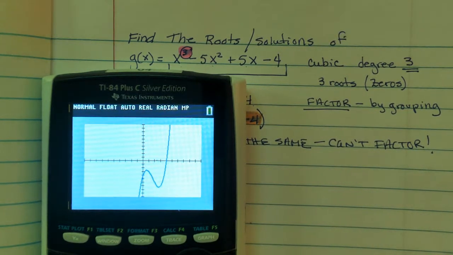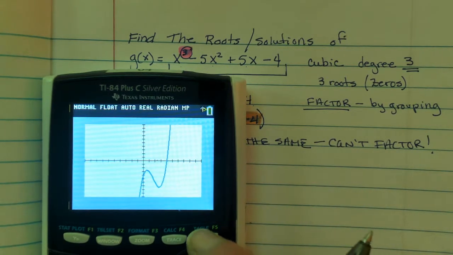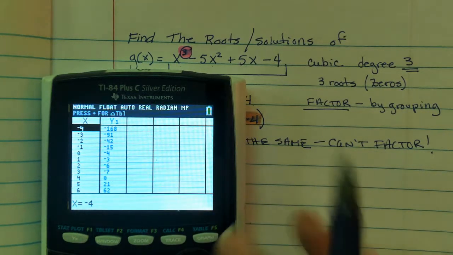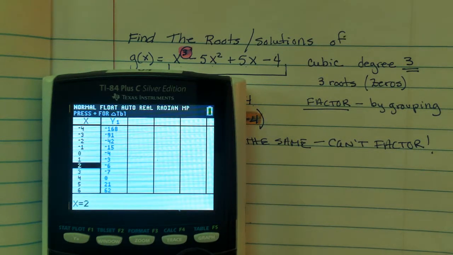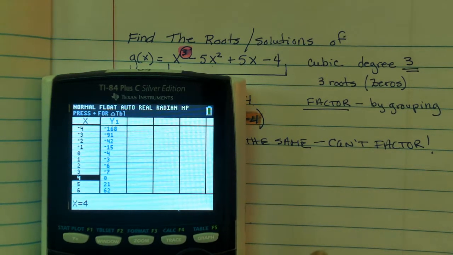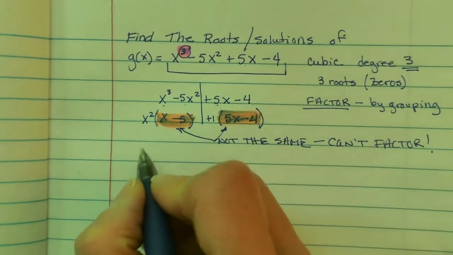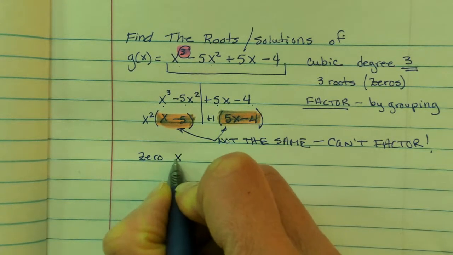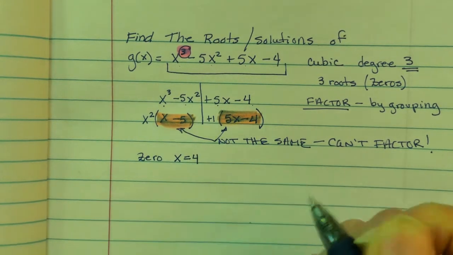So I'm going to double check to make sure that that's in fact a 0. I'm going to go to second table and look for where y is 0. And right here I see that when x is 4, y is 0. So I know that I have a 0 at x equals 4. Okay?